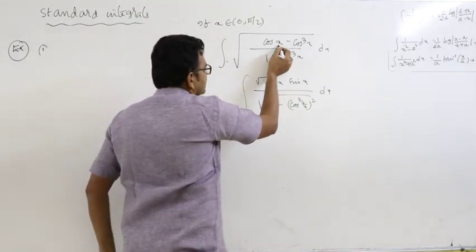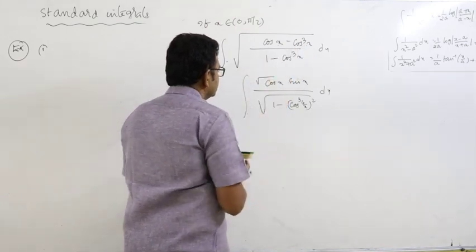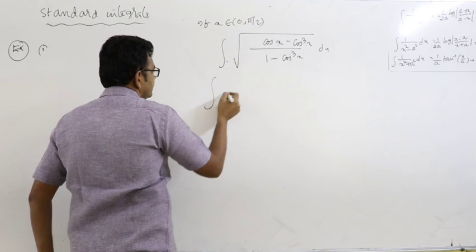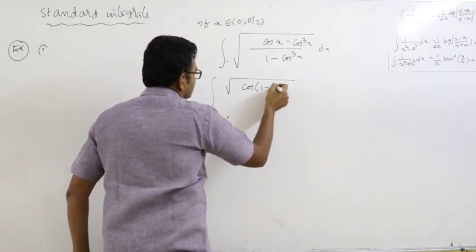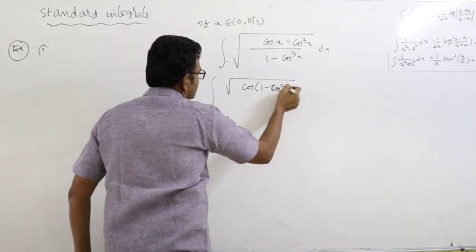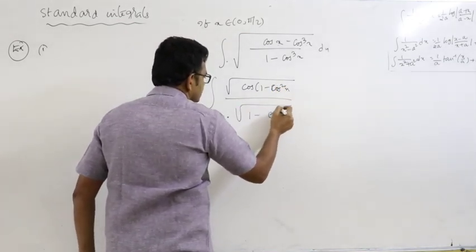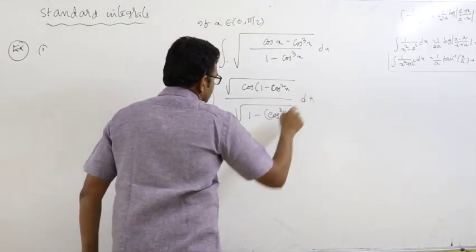Cos x is taken common, 1 minus cos square x, that is sin square x. So integral root of cos x, taking common 1 minus cos square x, by root of 1 minus cos power 3 by 2 x whole square dx.